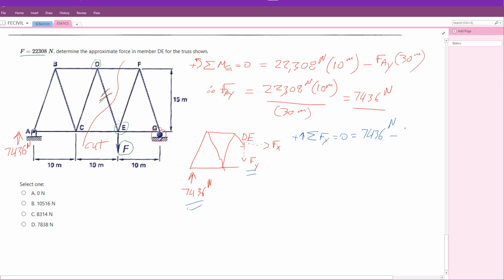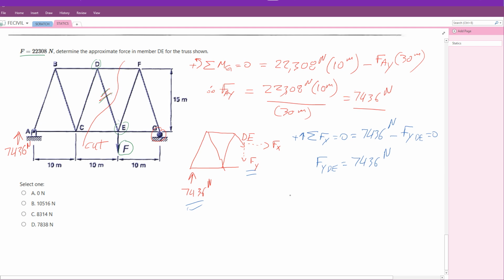It's going to be minus Fy, and that's just DE, the force of DE. It's going to equal to 0. So now we can solve for Fy of DE. It's gonna equal to this number if we just move it to the other side, 7.7436 newtons.